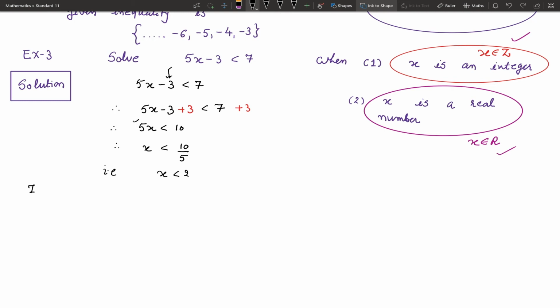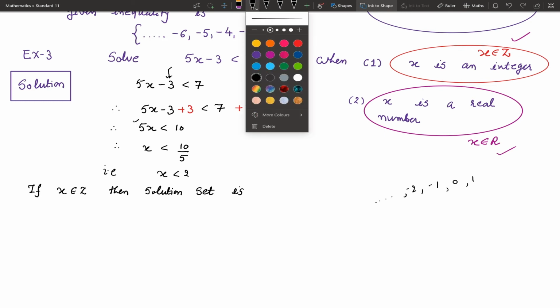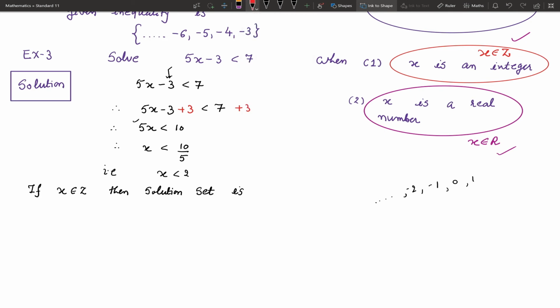Now let us write the solution for x belongs to Z. If x belongs to Z, then the solution set is all integers which are less than 2. You know the integers which are less than 2 are 1, 0, -1, -2, and there are infinitely many.